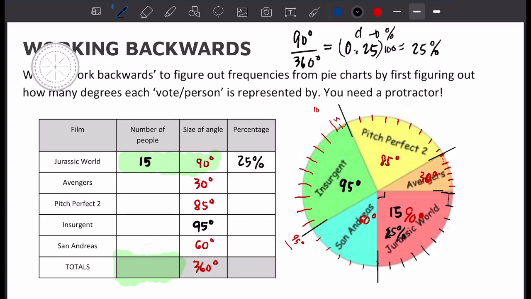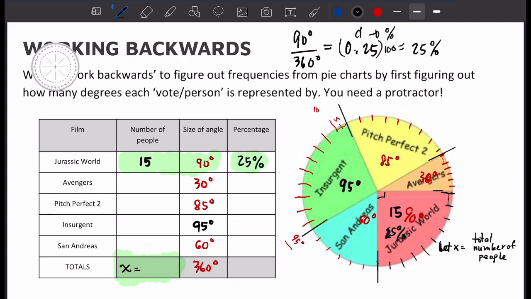So how can we use this information, 25%, to calculate the total number of people who were part of the survey? Let's do algebra. Let X equal the total number of people.